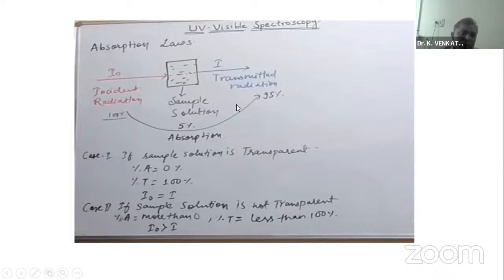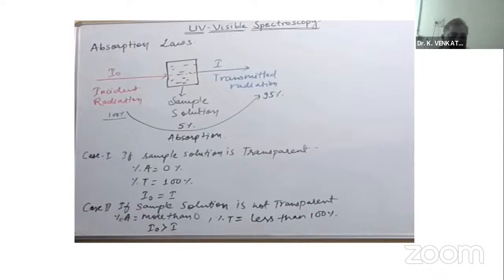For example, incident radiation is 100%, and the transmittance is 95%. So how much percentage is absorption?